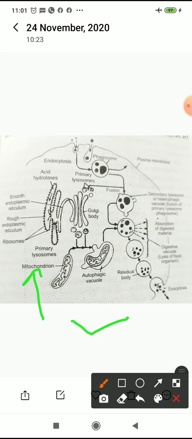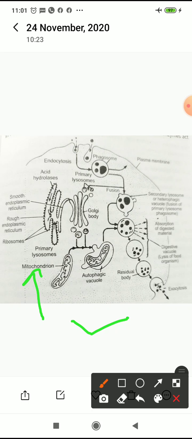Now functions of lysosome. For intracellular digestion, lysosomes play a very important role as they contain many enzymes that digest material intracellularly.